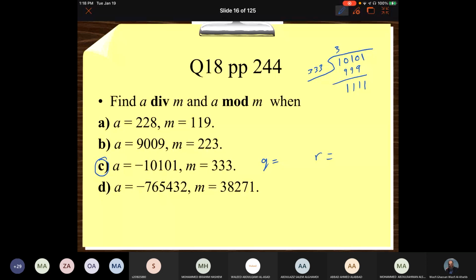So now I bring down the 1. And 11 divided by 3 is how much? Is it 3, right? Yes. The remainder. So basically 3 times 3 is 9.